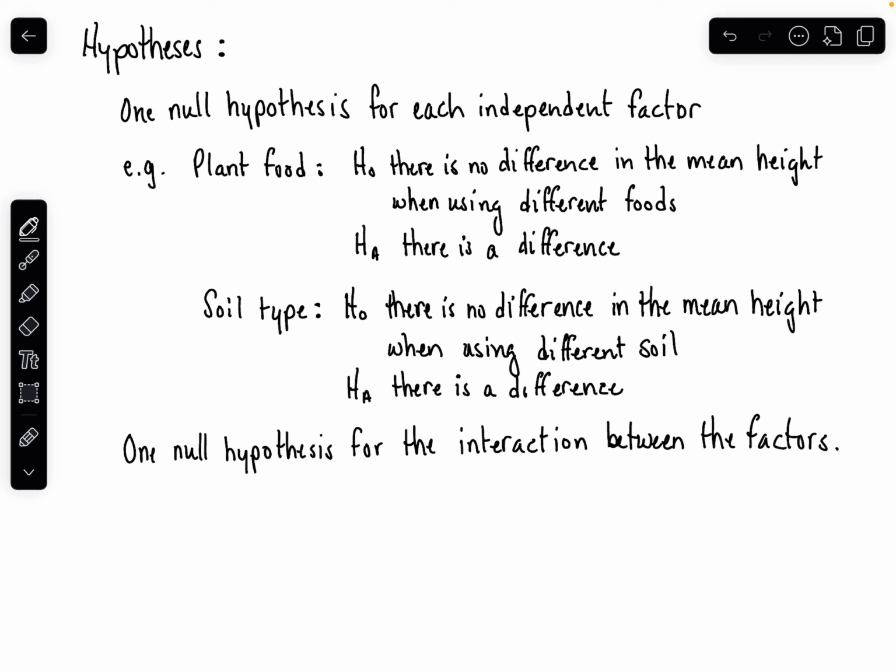Maybe that if we just look at plant food A, the two different soil types don't have any difference. But if we change to plant food B, maybe we notice there is a difference between the soil types. So that is what the interaction is about. Here, the null hypothesis would be that there is no interaction between the type of food and the type of soil.